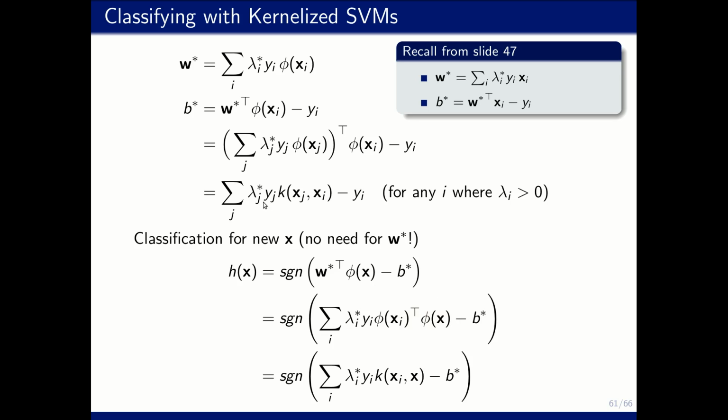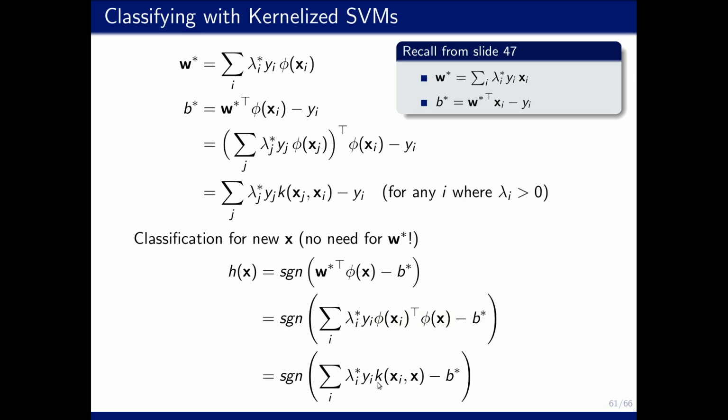So we saw that B we can express via kernel. So we have already B star. But now again, here we see that when we plug in W, we get this inner product between the phi xi and the phi applied to the new data point.